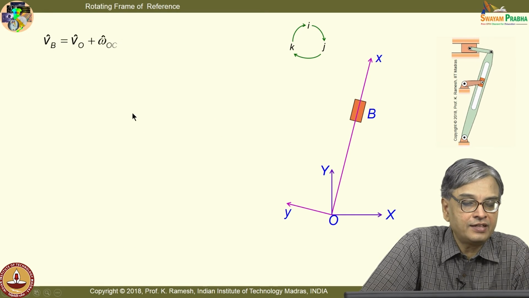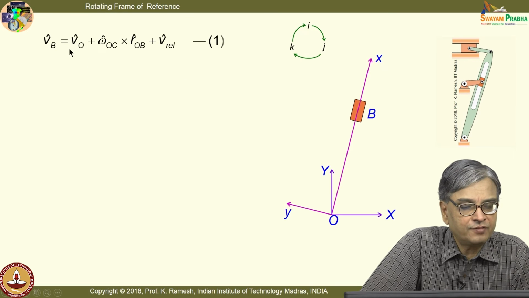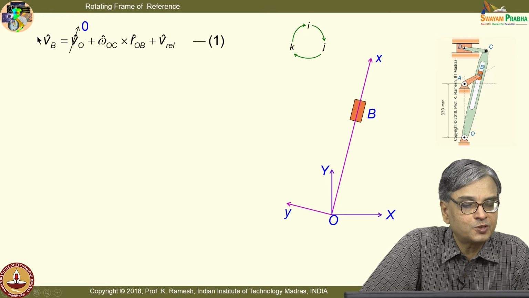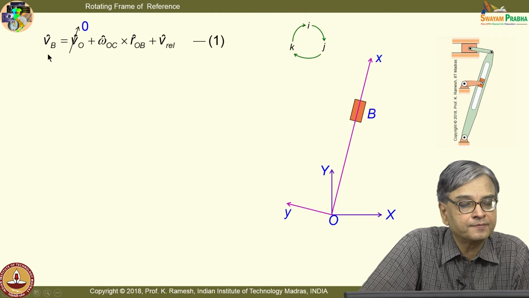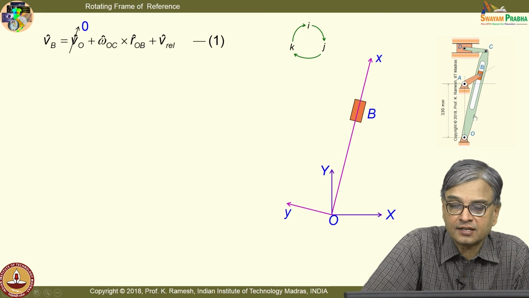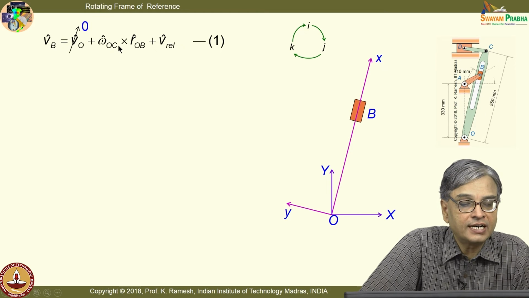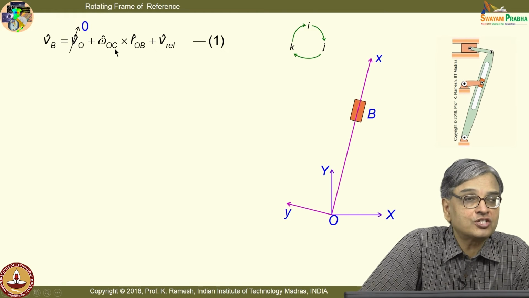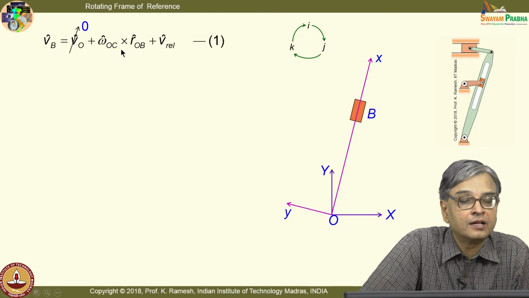And I have the basic expression. In fact, I have written down for this specific problem. So, we are interested in finding out the velocity of B, that is equal to VO plus omega OC, OC is this member, because that is the angular velocity of the rotating frame, cross ROB plus VREL.